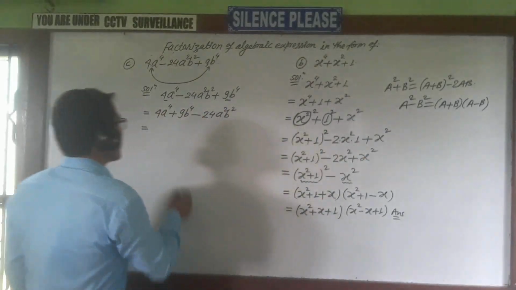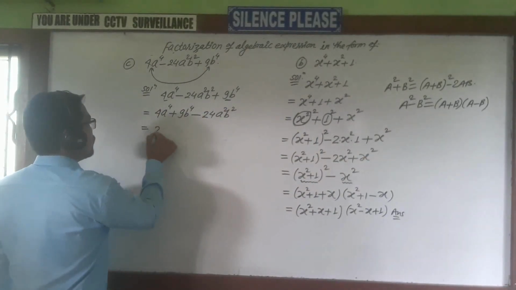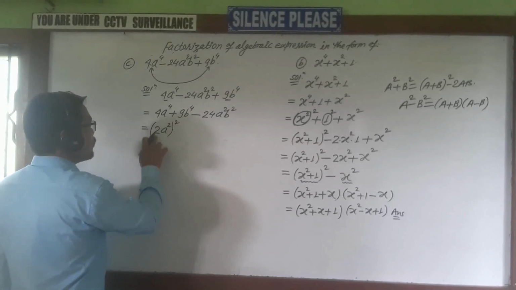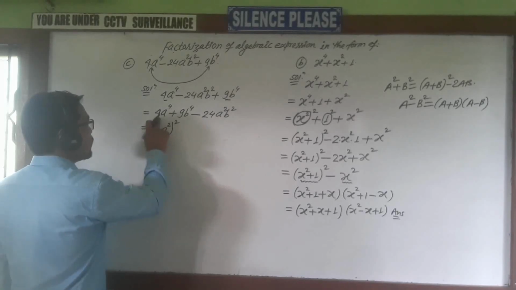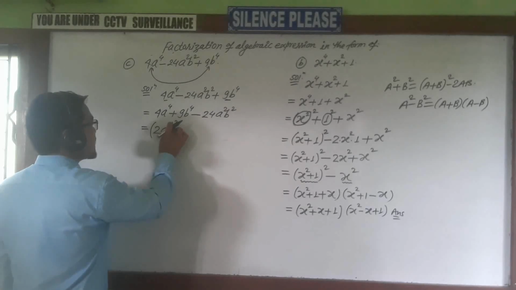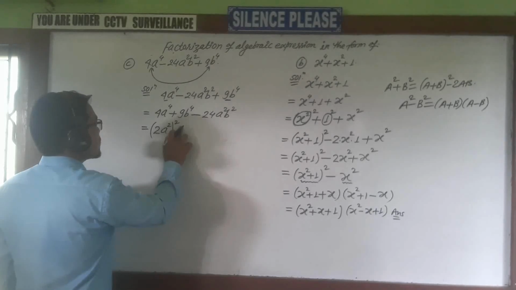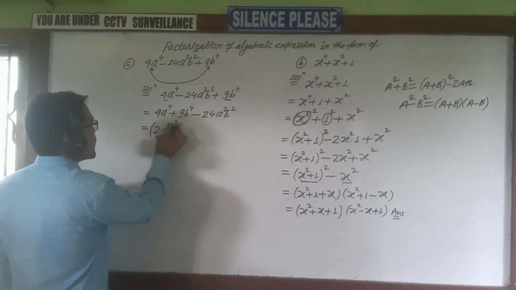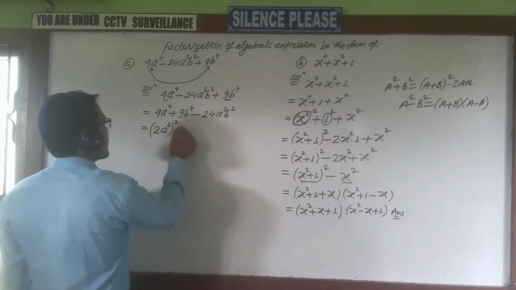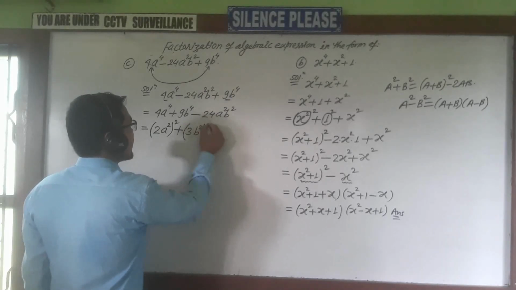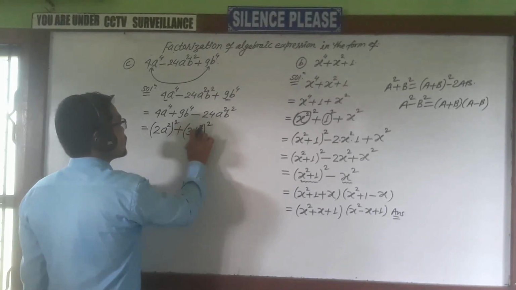So let's write this 4a power 4 as 2a square whole square, such that 2 square is 4, and a square whole square is a power 4. Plus similarly this also we can do: 3b square whole square, 3 square is 9, b power 4 becomes.